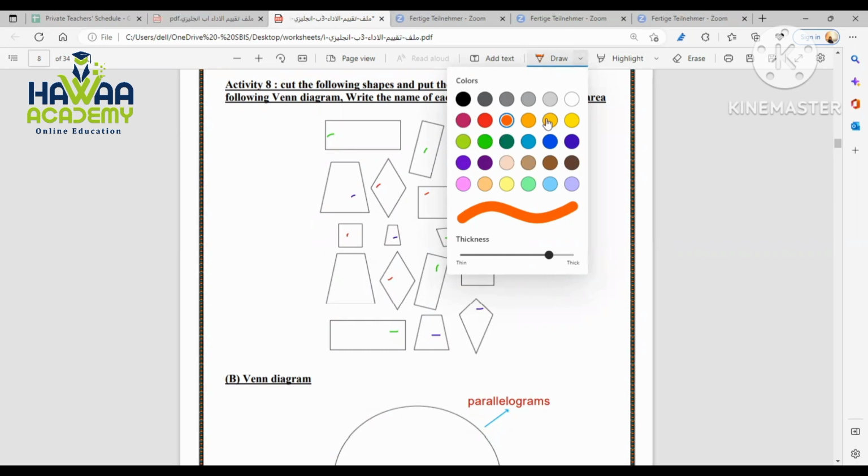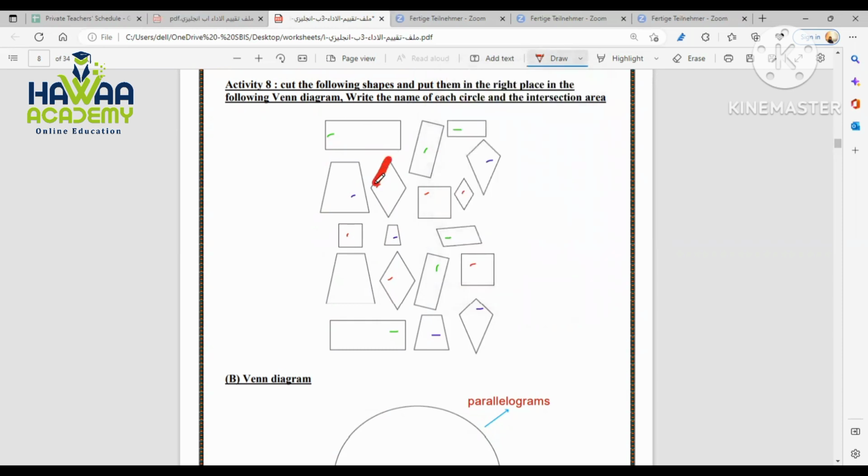So we need to start with the red here. And we want to make sure that this parallelogram has all its sides equal in measure, or equal in length. So here is the parallelogram, this parallelogram. You can make sure with your ruler if you want.